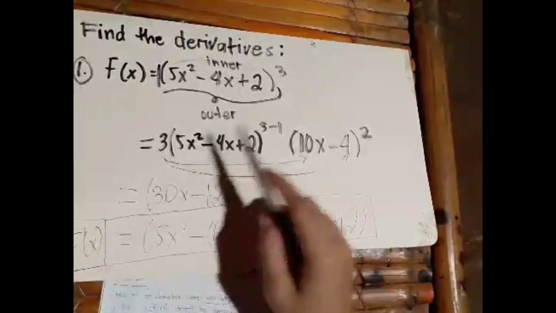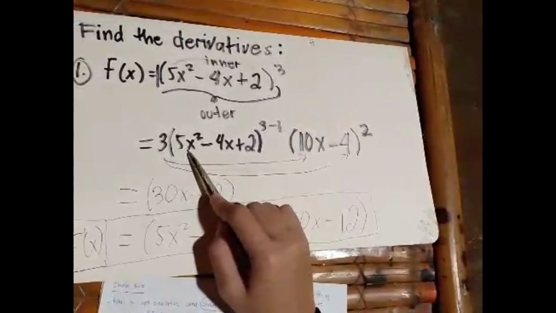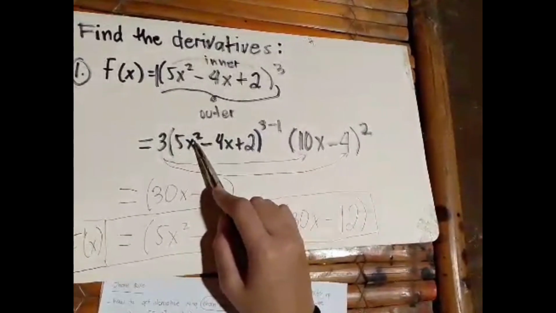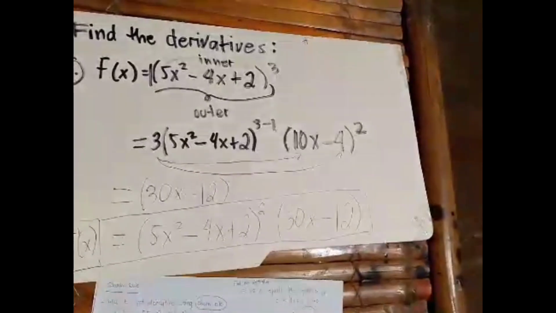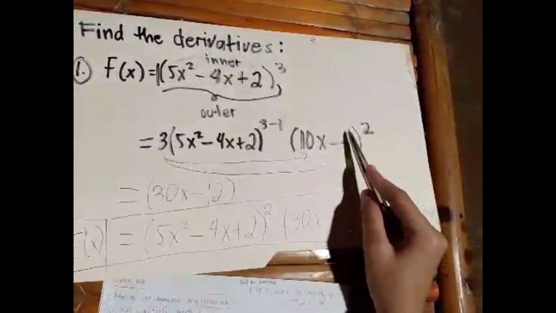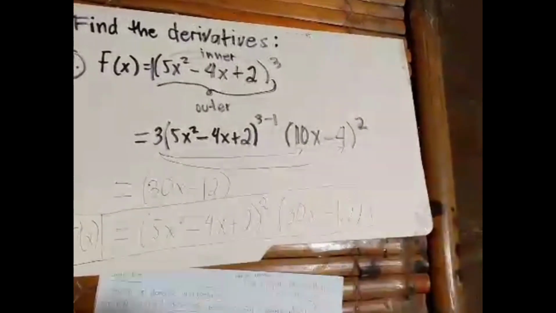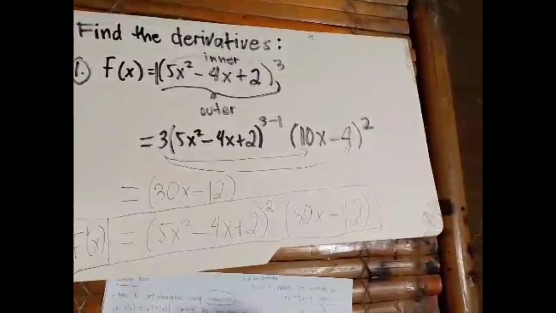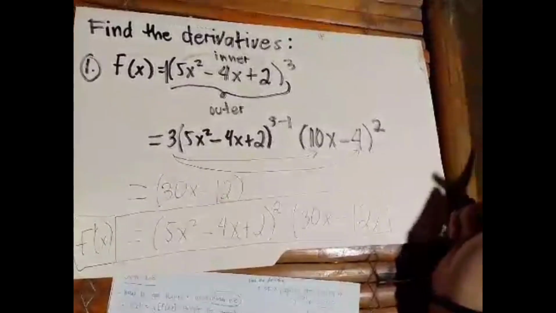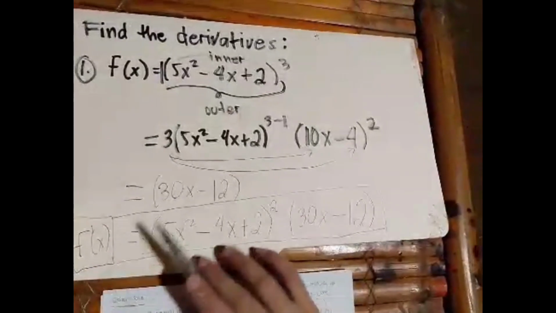The derivative of 5x squared is 10x, because for 5x squared, bring down the 2, then multiply by 5. 5 times 2 equals 10x. Then, negative 4x gives negative 4. And the constant here is automatically 0 because it has no variable. Then, next, we simplify. 3 times 10 equals 30x.